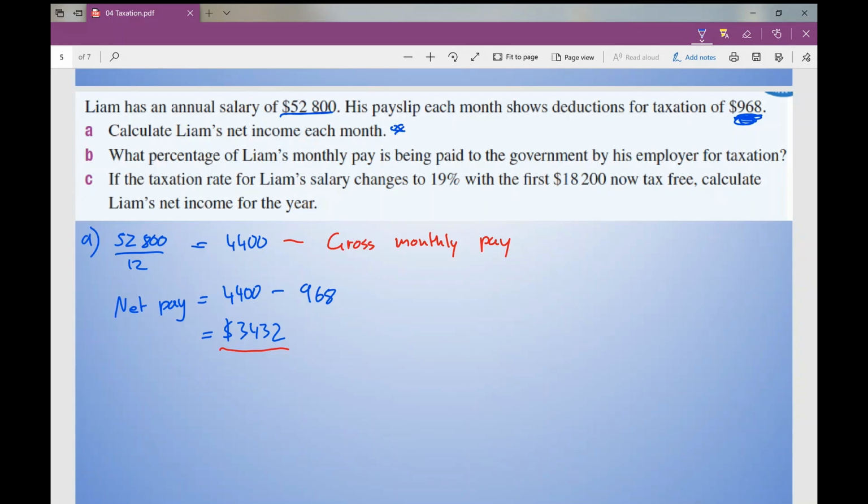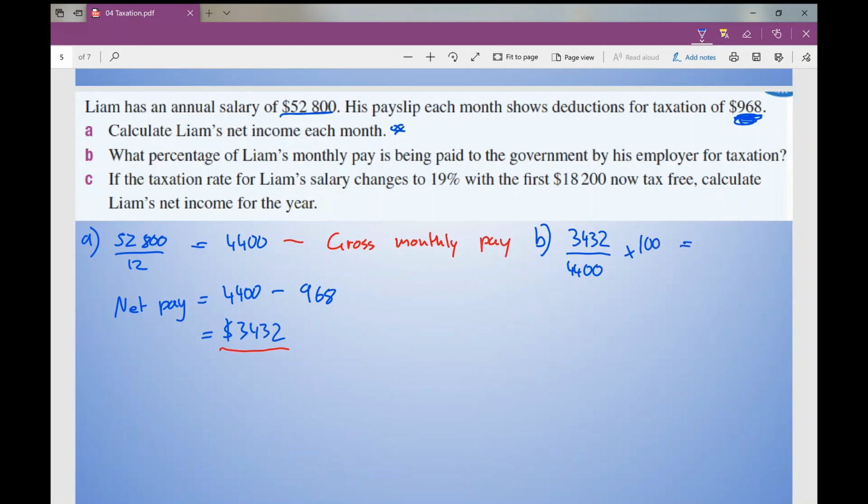Right, now the next thing we're asked to find is what percentage of Liam's monthly pay is being paid to the government by his employer for taxation. To work out what percentage of a whole some amount is, we take the amount, divide it by the whole amount, and then multiply that by 100.